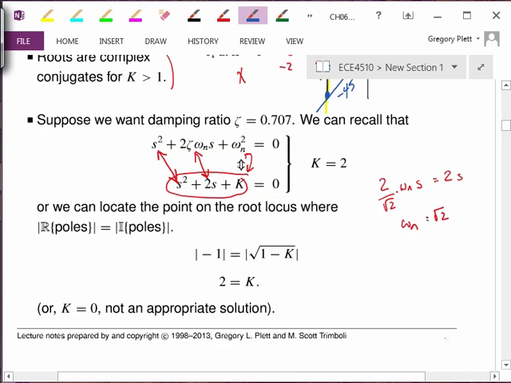So if I look at this equation here, I see that the absolute value of minus 1 is in fact 1. And if I have k equals 2, I would have 1 minus 2 inside of the radical, which is minus 1. Square root of minus 1 is plus or minus j. And the absolute value of plus or minus j is also 1. So that gives me the other solution there, and both of those work.